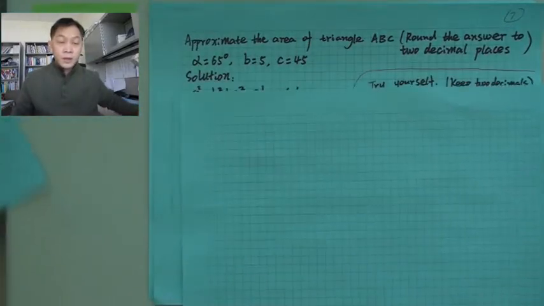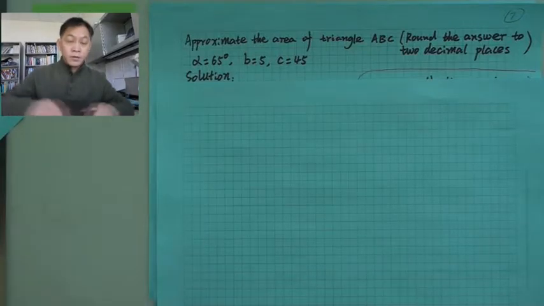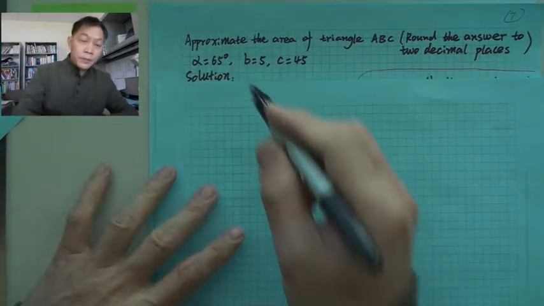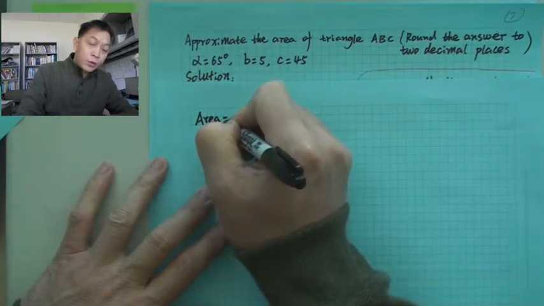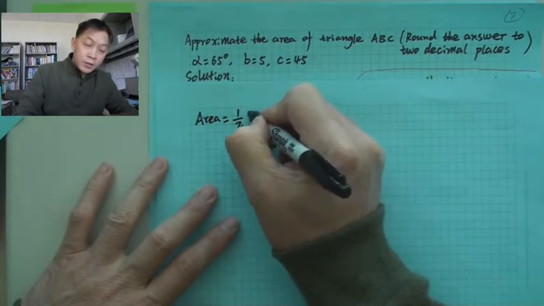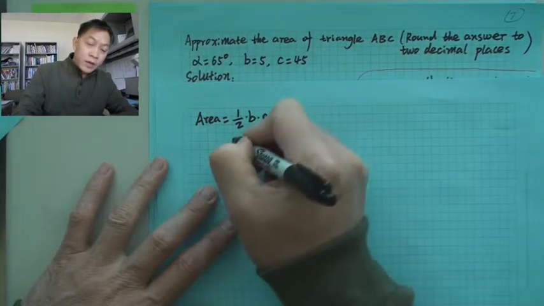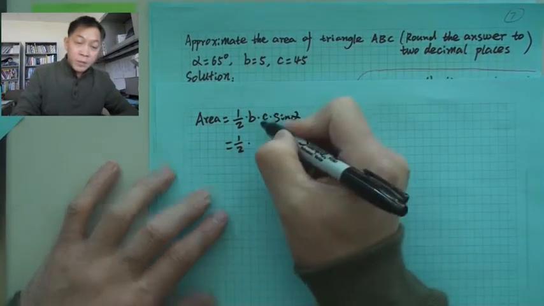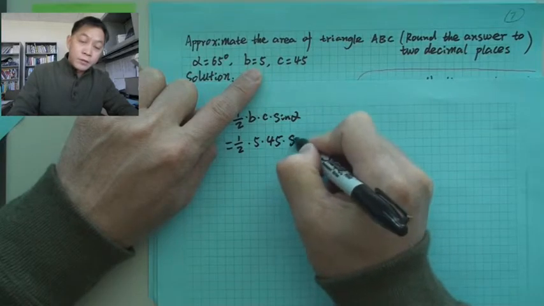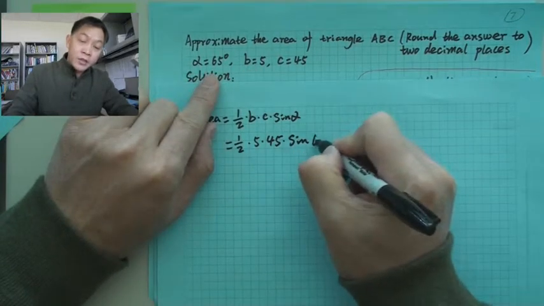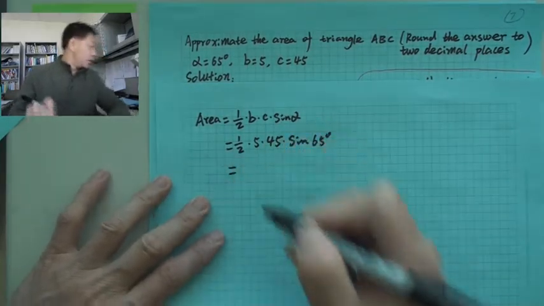The area equals 1/2 B C sine alpha, that's 1/2 times 5 times 45 times sine 65 degrees. So it's quite quick.